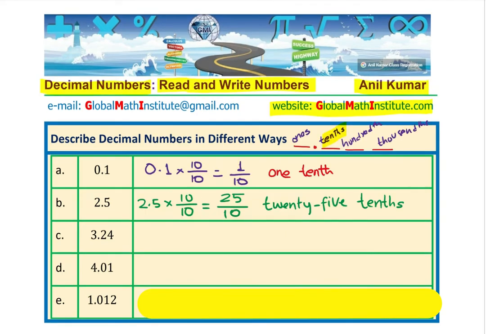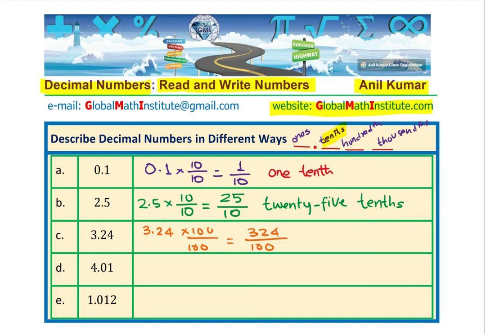So 3.24, I could multiply by 100, correct? To get rid of this decimal, you see the concept, why am I multiplying by 10 or 100? And divide by 100. So we get 324 hundredths. Do you see that? 324 hundredths.